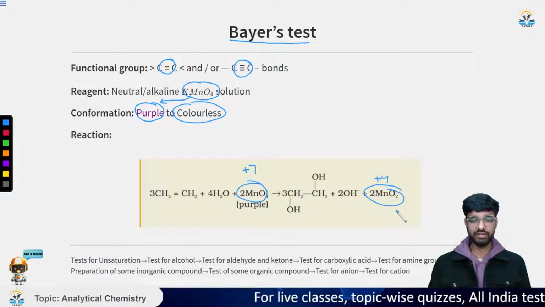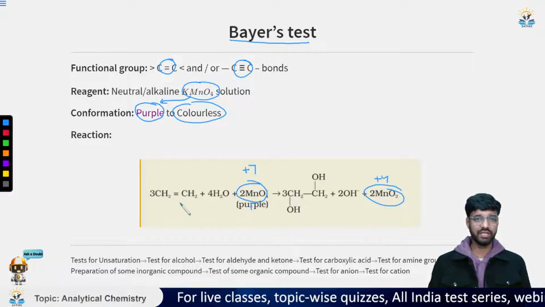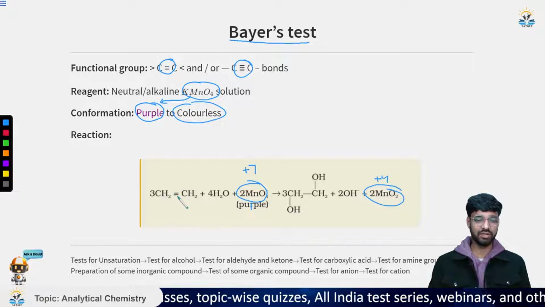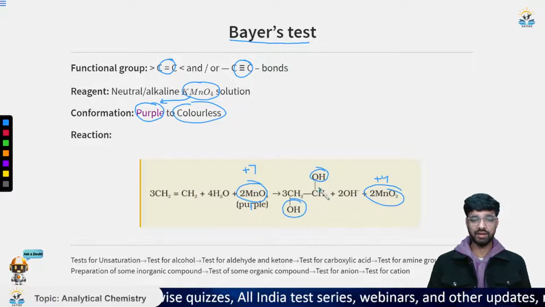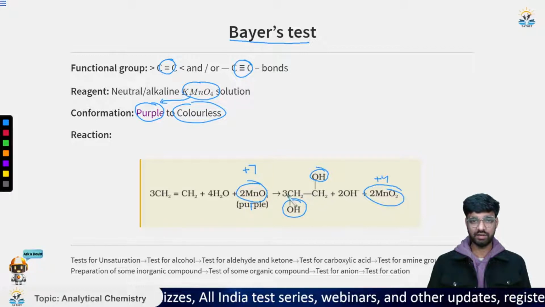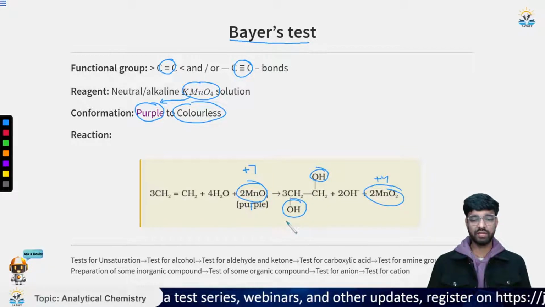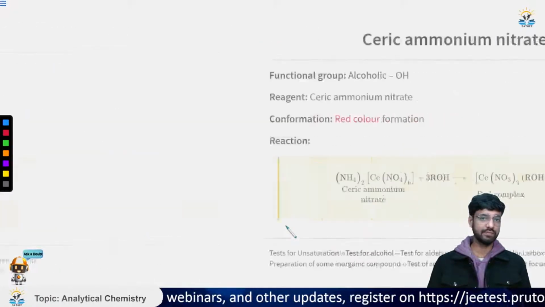So the oxidation state changes from plus 7 to plus 4, so this is getting reduced, and the alkene is getting oxidized as it is getting oxygen added to itself here and here. So we get a diol as the product of this reaction, the Bayer test, and you can say that okay, unsaturation is present in the compound.